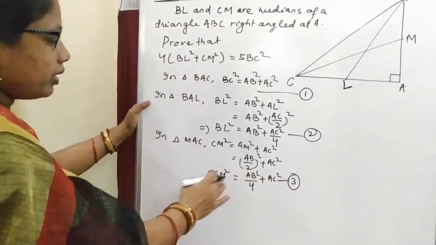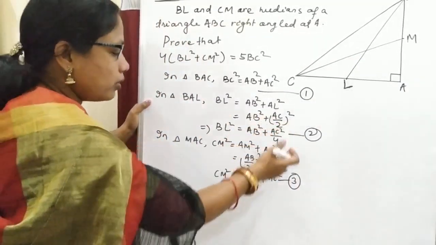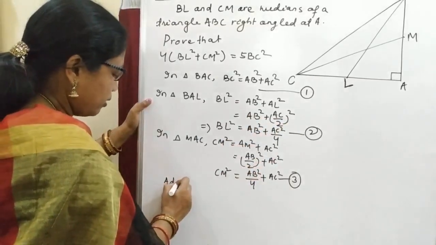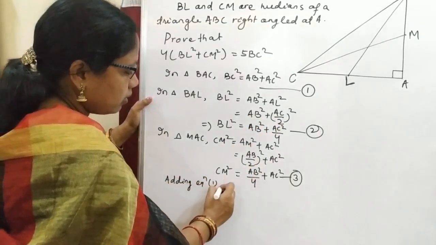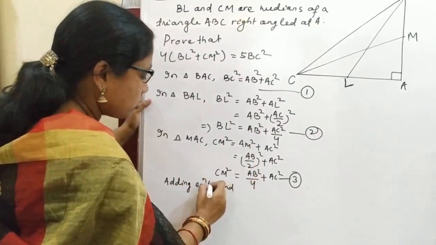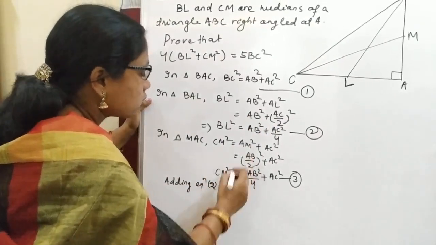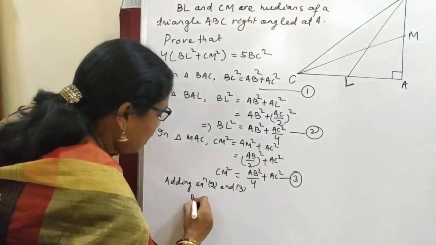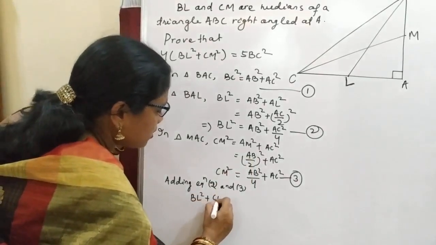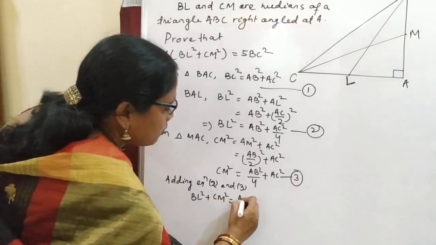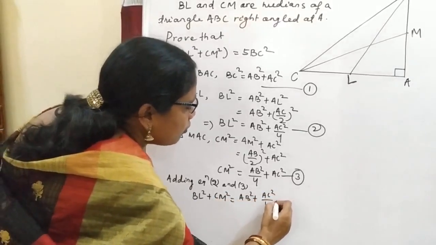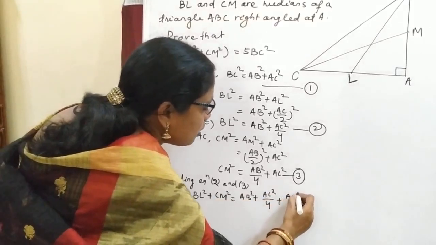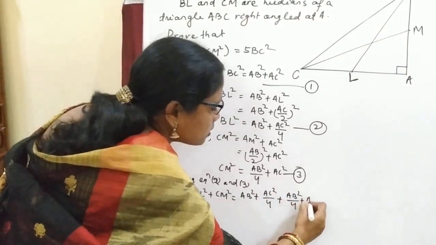So now we will add equation 2 and 3. So what do we get? BL square plus CM square is equal to AB square plus AC square by 4 plus AB square by 4 plus AC square.